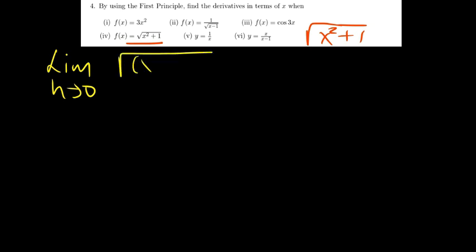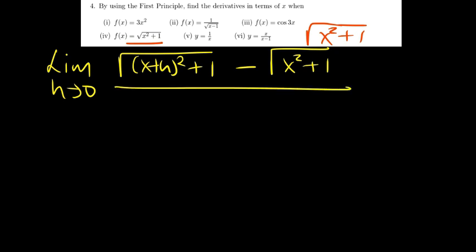Now on the fourth one, we have a radical again, root of x squared plus 1. So f of x plus h, let's not forget our formula: the limit as h approaches 0 of root of (x plus h) squared plus 1 minus root of x squared plus 1, over h.